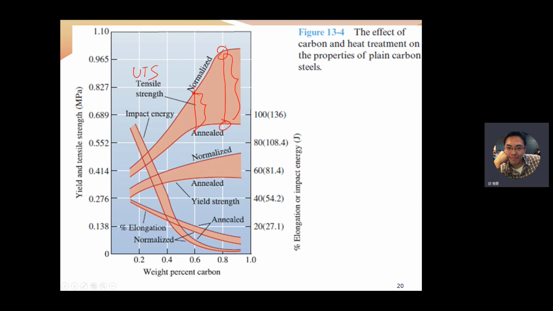The same goes for the yield stress. With 0.6 weight% carbon, the range of the yield stress is in this range, and with 0.8 weight% carbon, by normalizing or annealing, its yield stress is within this range.